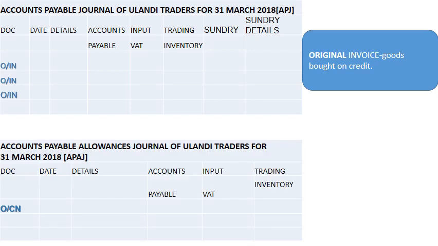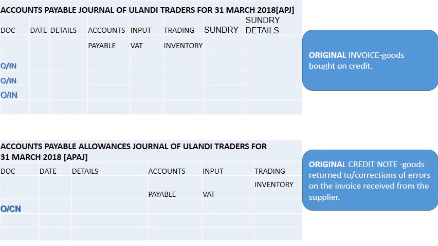The accounts payable allowances journal of Ulandi Traders for the end of March will also have the following columns: document, the date, the details, the accounts payable column to record amount including VAT, the input VAT, and the trading inventory column.